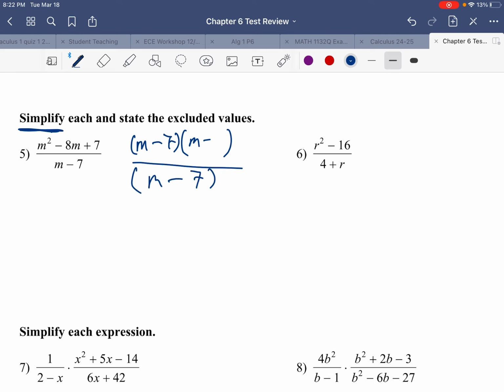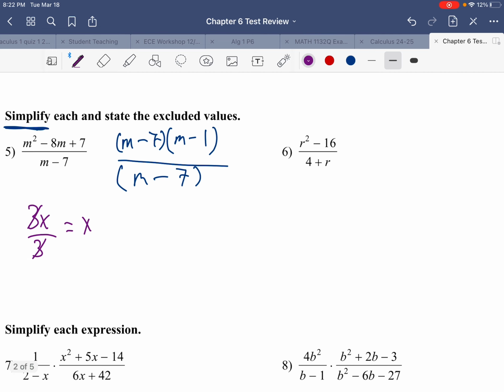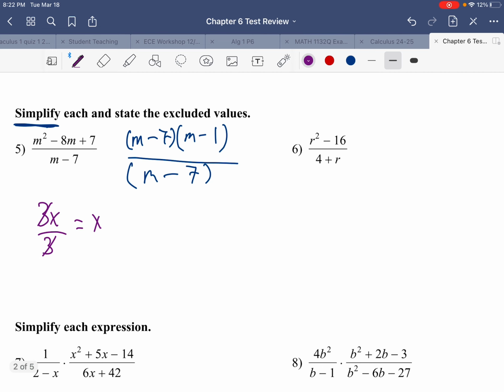So 2 numbers that multiply to positive 7 would be -7 and -1, and we're dividing by m minus 7. In the same way, if I had 3x divided by 3, and this is equal to 1x, if I have m minus 7 times m minus 1 over m minus 7, the m minus 7 and the m minus 7 are going to cancel, and I'm left with m minus 1.